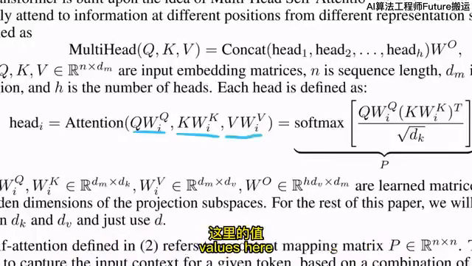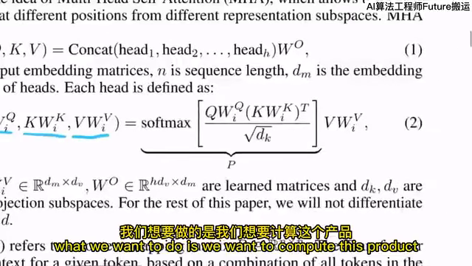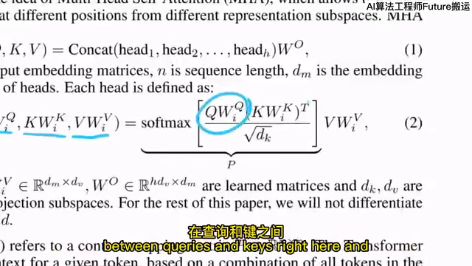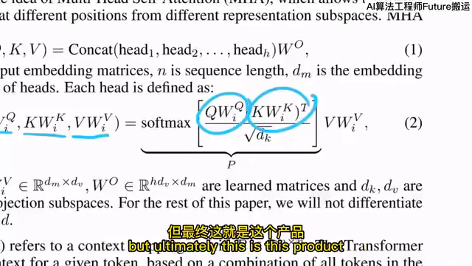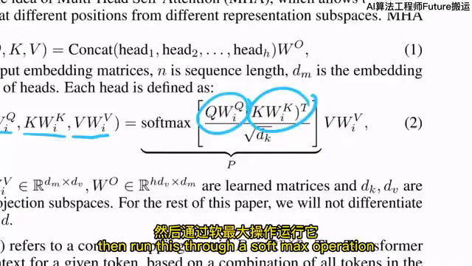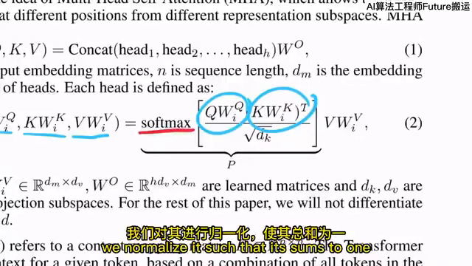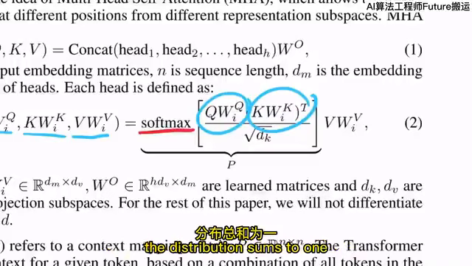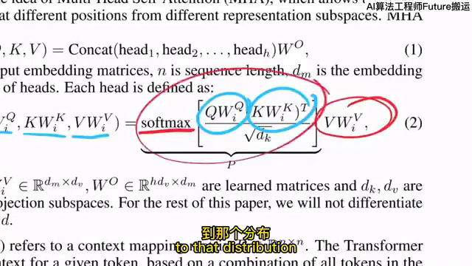The values here are the actual information that's being routed. What we want to do is compute this product between queries and keys and scale it appropriately. Then run this through a softmax operation. That means we normalize it such that the distribution sums to 1, and then we route this information according to that distribution.